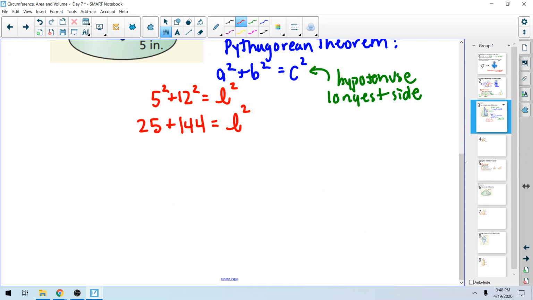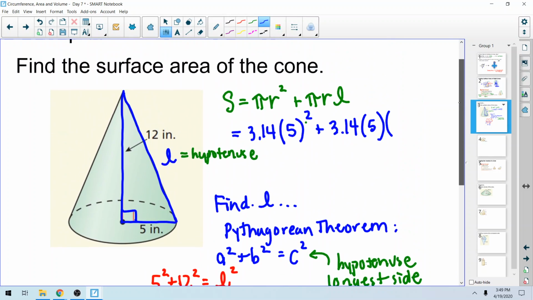Then I'm going to take 25 plus 144, and I'm going to get 169 equals L squared. In order to get rid of the squared, I'm going to take the square root, and the square root of 169 is 13, equals L. So I'm going to come back to my picture.